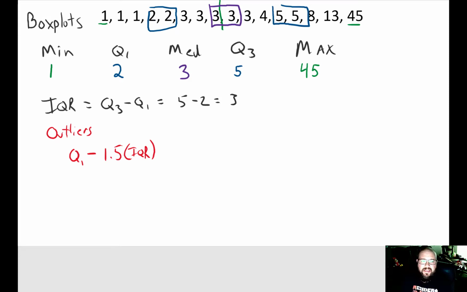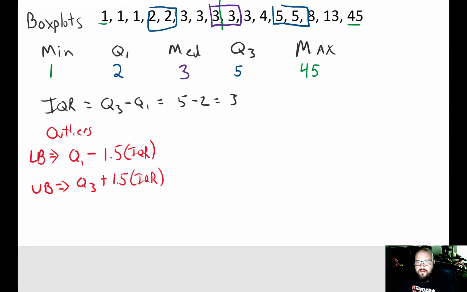Okay, and again, that is going to calculate your lower bound. So I'm just going to say lower bound. Okay, and for your upper bound fence, we're simply going to take Q3 and add 1.5 times the IQR.